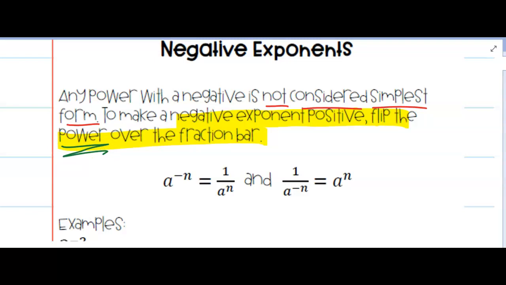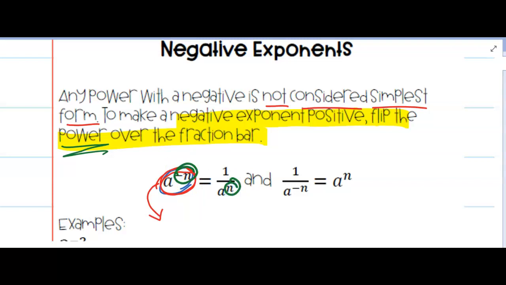So watch what happens here. We have this power, a to the negative n. That negative right there is the problem. To make the negative n a positive n, you're going to take this entire power, the a, the n, everything, and flip it over the fraction bar, which means it's going to move to the denominator. When you do that, the only thing that happens is this negative n becomes a positive n.